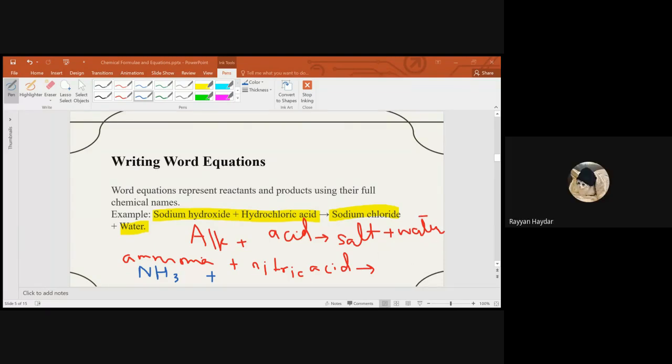Miss, for ammonia reacting with nitric acid, NH3 plus... What's nitric acid? HNO3. HNO3, very good.